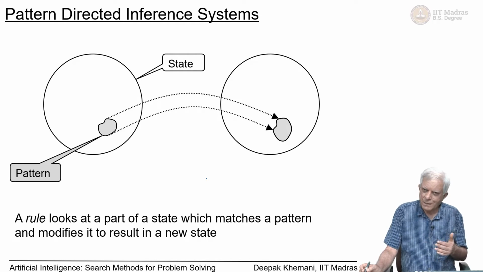So, a rule, and we will look at this notion of a rule here, looks at a part of the state which matches a pattern as shown on the left and modifies it to result in a new state. This idea is very similar to the idea of a rule that we use in logic, because in logic also we have a set of antecedents and then we have some conclusion.